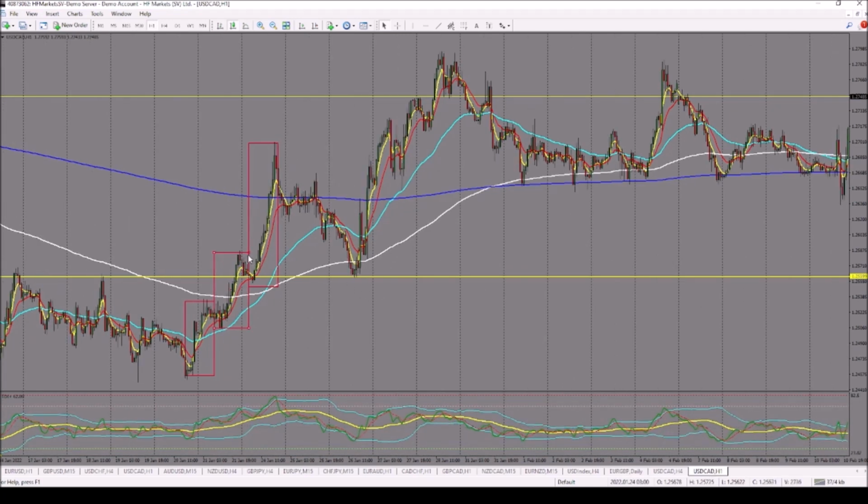Then the next cycle, can we see a day of rise? Yes. Or an impulsive rise? Yes. We had this impulsive rise, then another impulsive rise, then the last impulsive rise, like that.